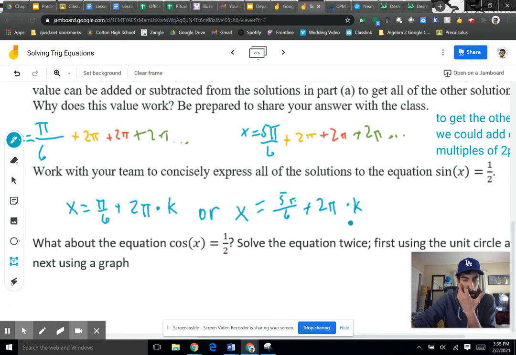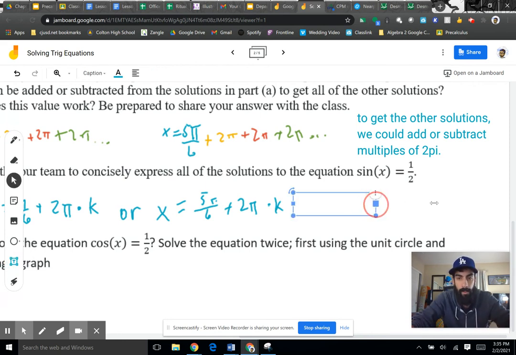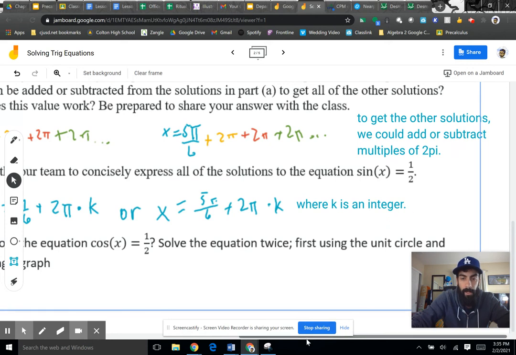Whenever we have some unknown variable like this, we just need to define what it should be. So if I wrote that, I don't know what k is. We've got to say what that is, where k is an integer. Remember, integers are positive or negative whole numbers. So if k was like negative 2, it would be 2 pi times negative 2, which is negative 4 pi.